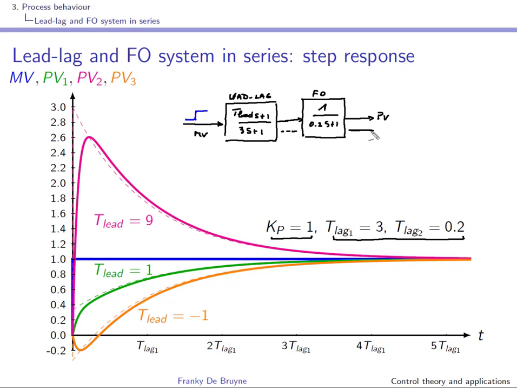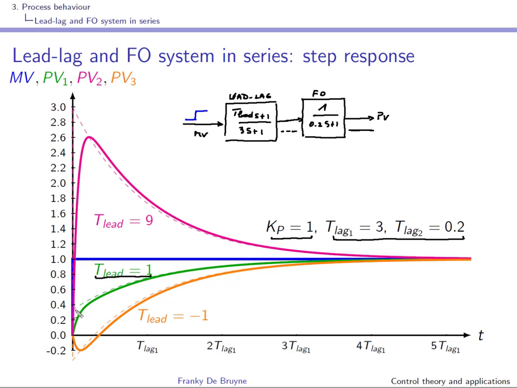To obtain the step response of the overall system, what you have to do is imagine the response of the output of the lead lag system to a first order system. Let's take an example here with the lead equal to 1.